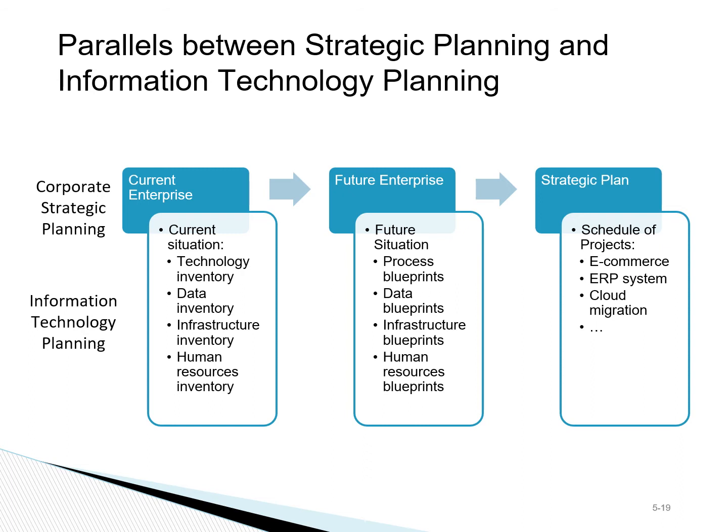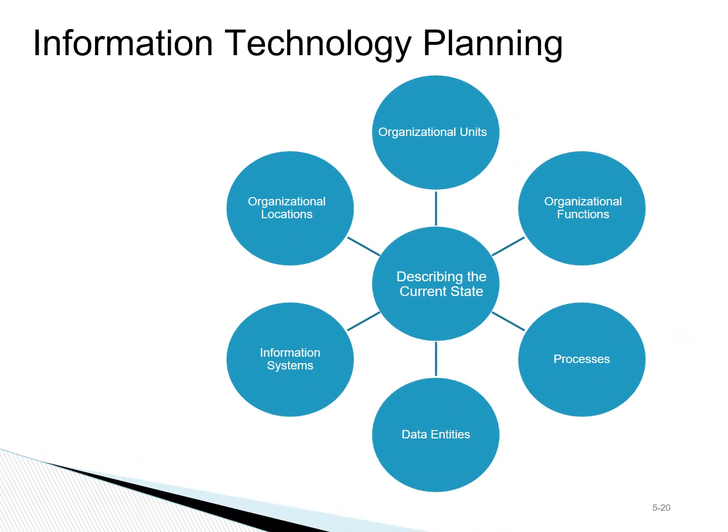Going through that, we can identify the projects that are needed to move the organization from the current state to the future state. When we assess the current state of an organization, we need to consider the organizational units, organizational functions, the locations, the processes, and also the information systems that are in place.